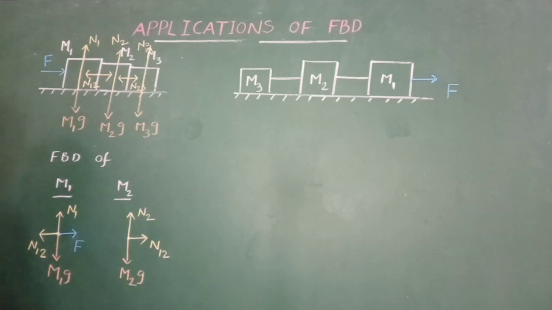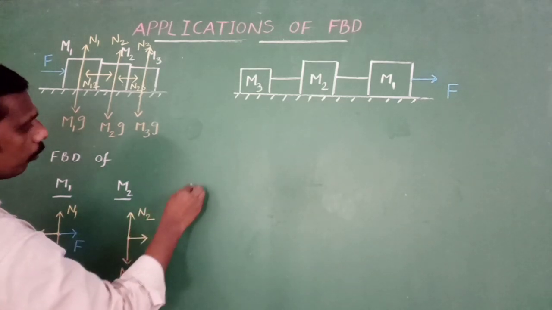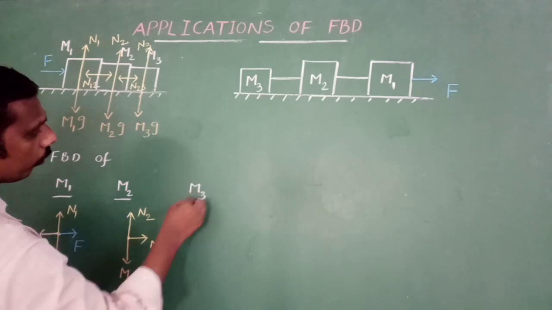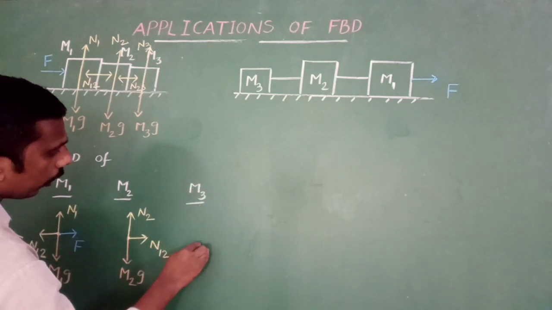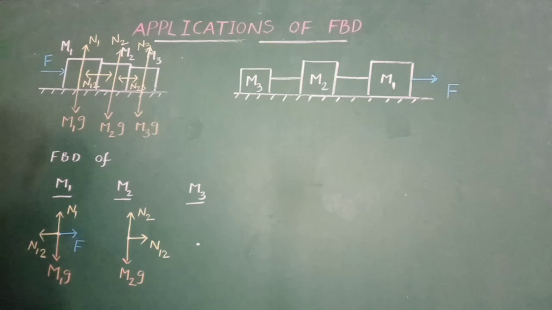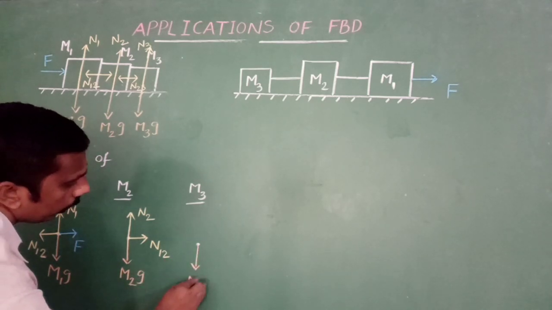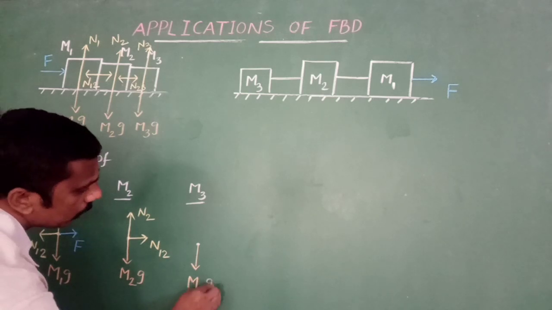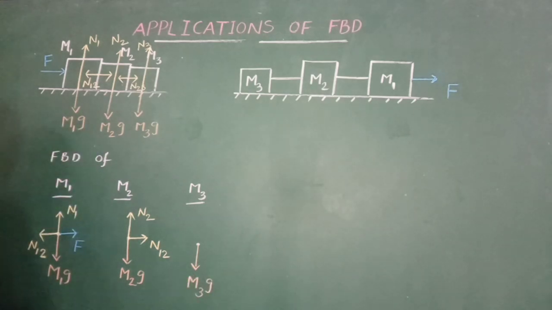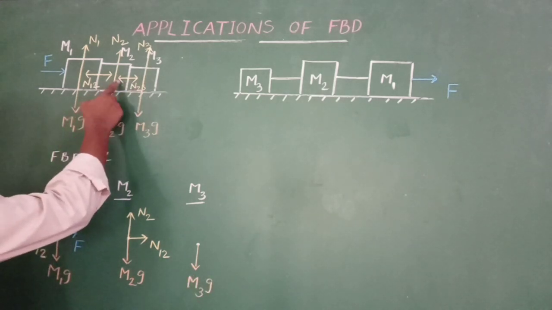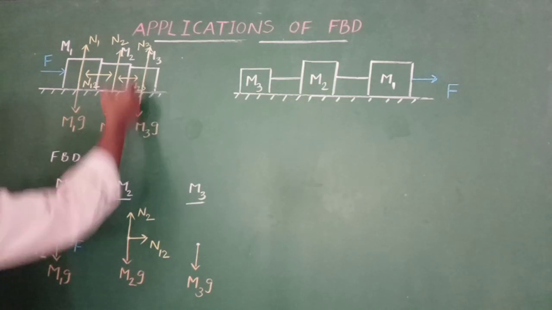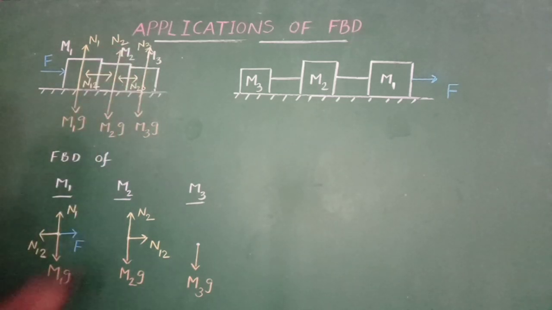Next, come to the third body, M3. On M3, the weight M3G acts in the downward direction. Here only one normal reaction acts because of the block, and another normal reaction acts in the upward direction.